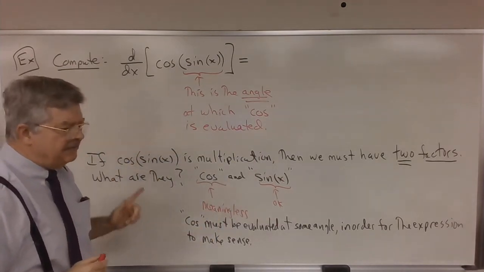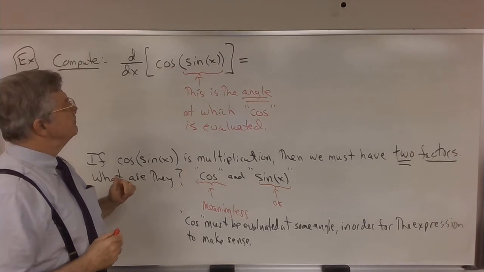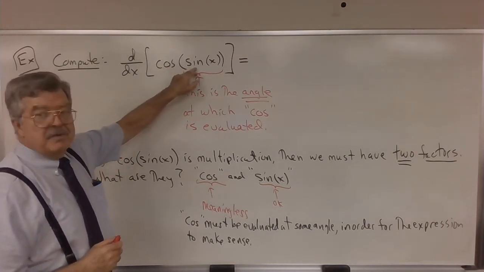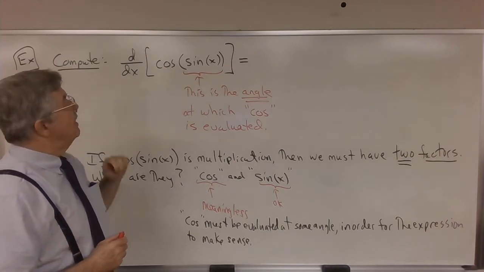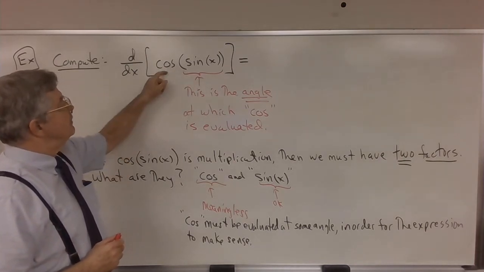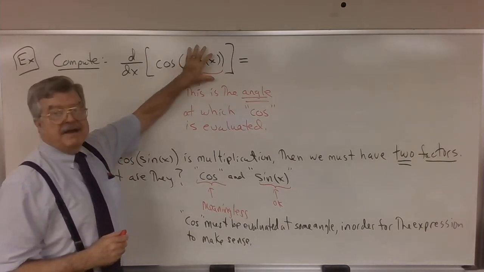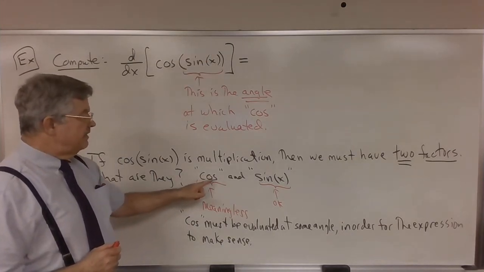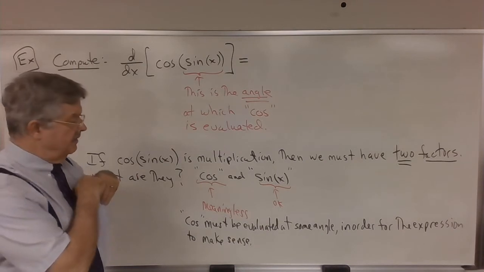So this has to be a composite function. It has to be cosine evaluated at sine of x. Otherwise, we have cosine, and we're not evaluating cosine at any angle. And just plain cosine makes no sense at all. It's meaningless.